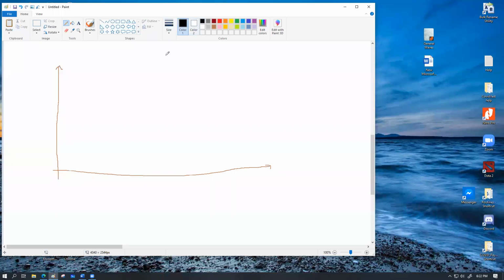Let's say this is our time axis, and here we have seconds, and here we have velocity, given in meters per second. Okay, so let's say I give you some values: 5, 10, 15, 20, 25.